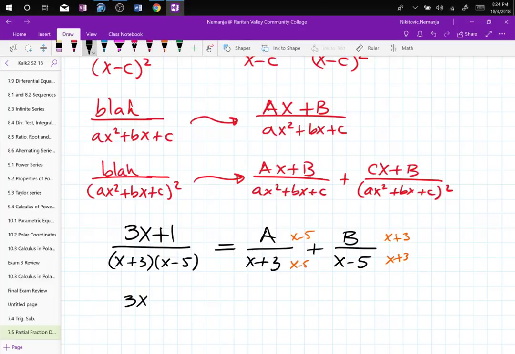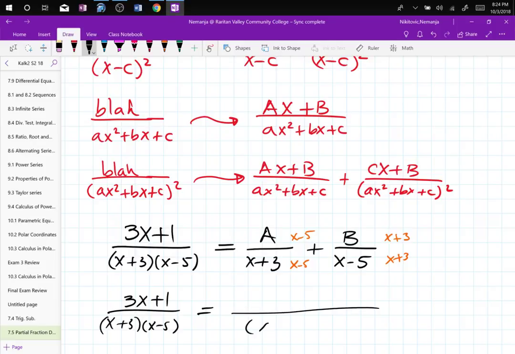I still have my 3x plus 1 on the left, over (x plus 3)(x minus 5), not touching that. On the right hand side, common denominator (x plus 3)(x minus 5), great, right? What do I have on top? ax minus 5a plus bx plus 3b.